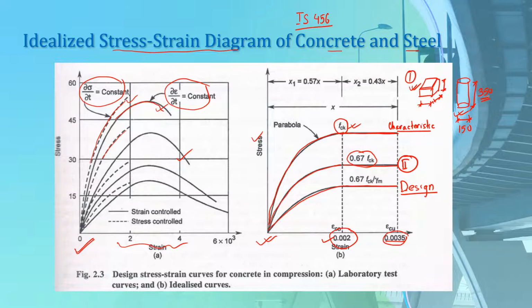So to account for the differences in strength that we get while performing lab tests for this cube and for this cylinder sample, we generally reduce the value of characteristic strength.